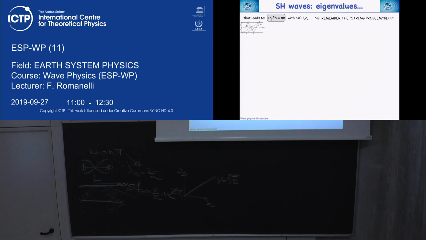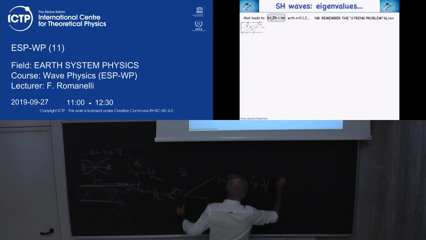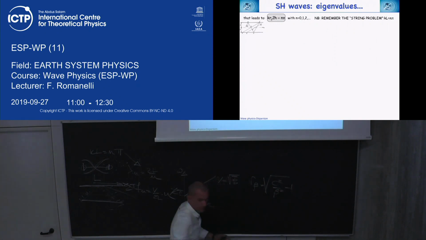But please give a look here. Now our beta is containing velocities, C. Because remember that now this is this.